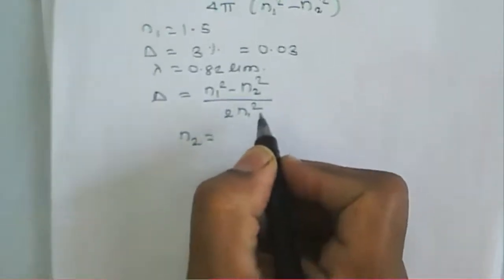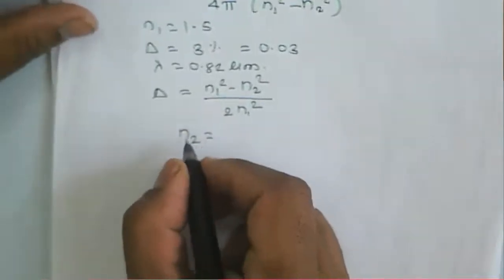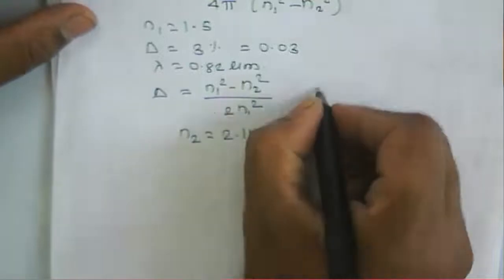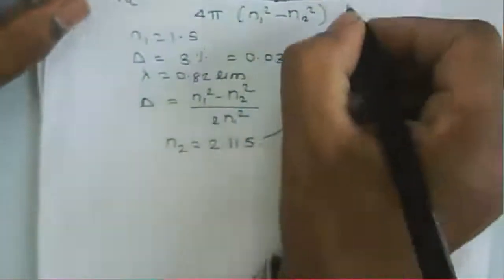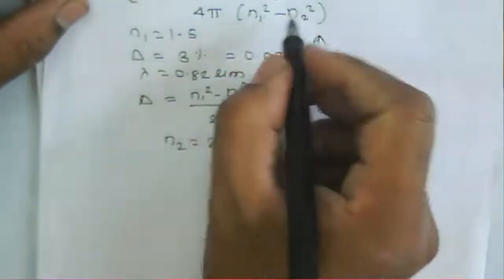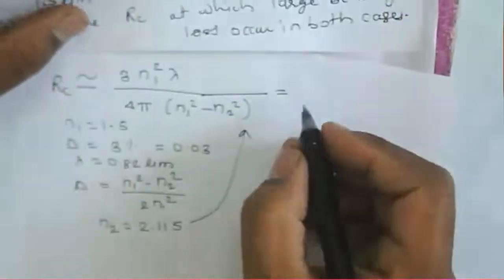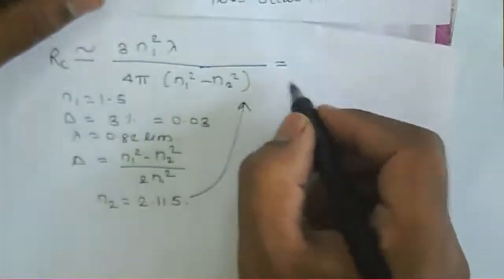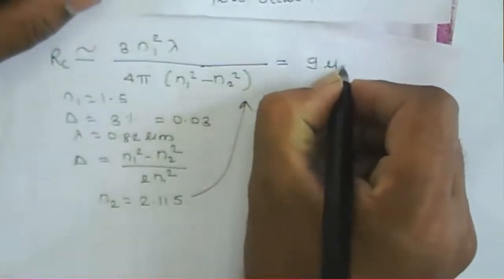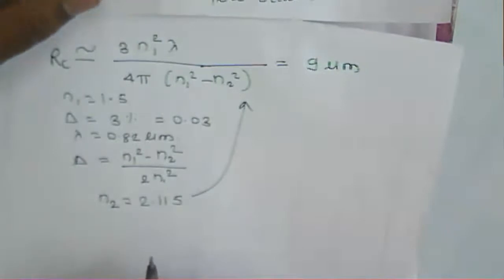After solving, that N2 will be 2.115. Put that value of N2 here, have the lambda here, N1 here, and then if you put all the values, you will get that RC is equal to 9 micrometer.